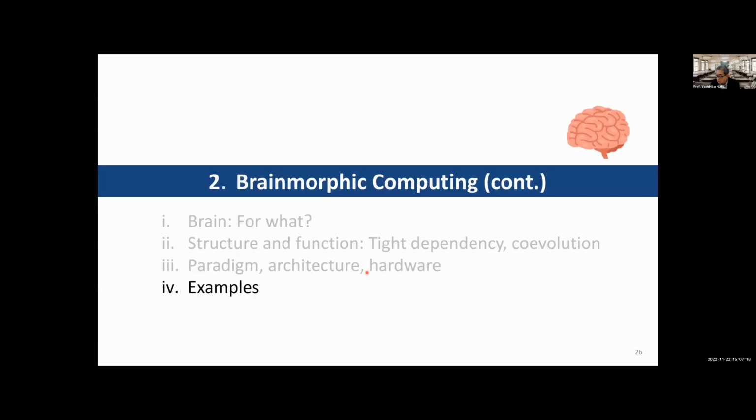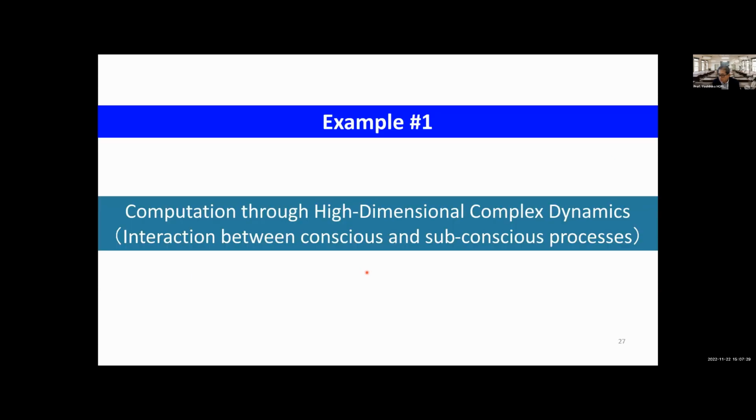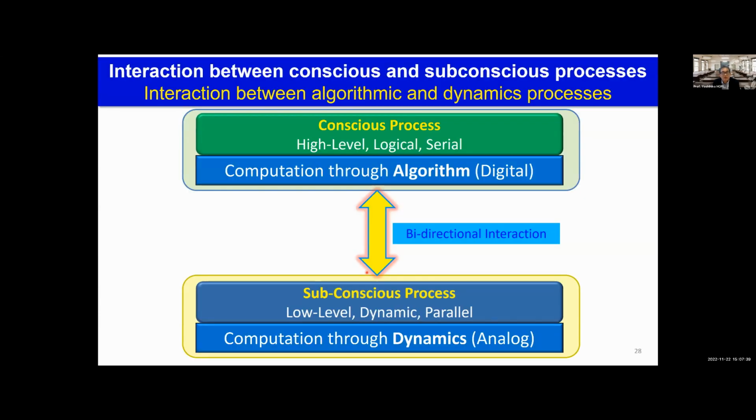Okay, so let me move on to some examples of our research for brain-morphic computing hardware. The first example is computation through high-dimensional complex dynamics. Here we think about the interaction between conscious and subconscious processes.